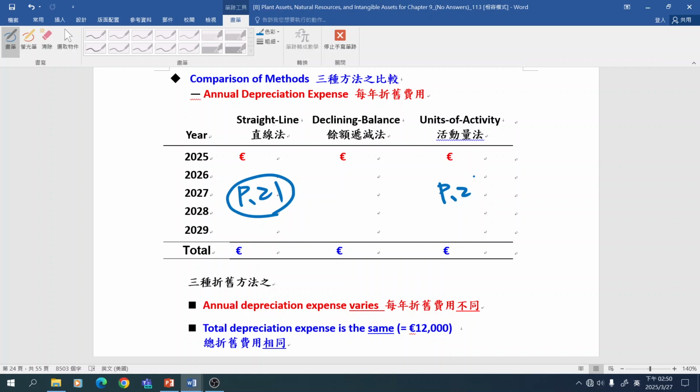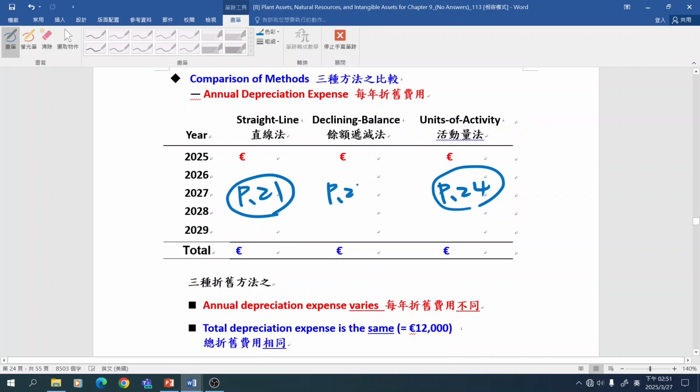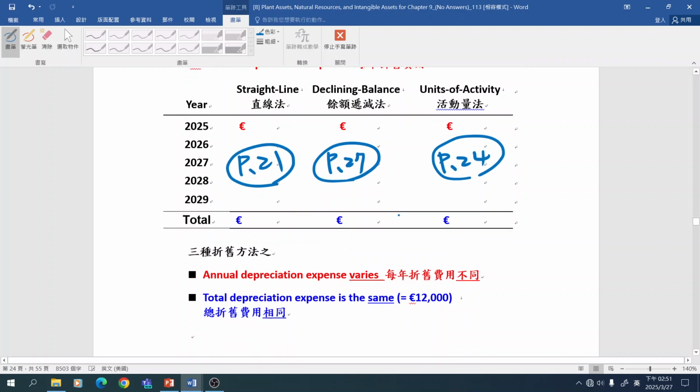Declining balance method on your page 27. Finish page 29 and page 30.